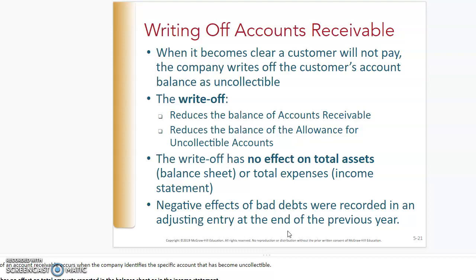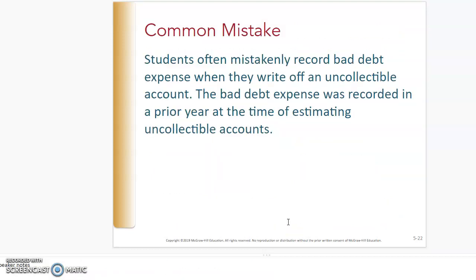When we write off the account later, it has no effect on the financial statements at the time of the write-off, because it reduces accounts receivable and the allowance by the same amount, which are netted together anyway, and our net receivables is going to stay the same. So no difference in the financial statements when we write off a receivable.